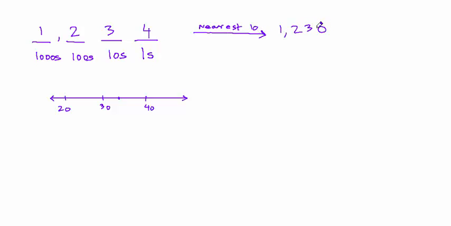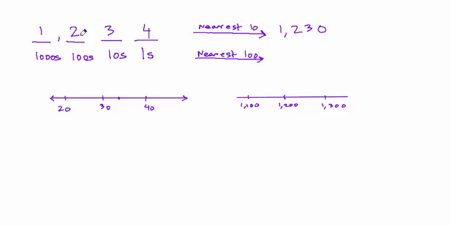Similarly, if you were to round this same number to the nearest 100 this time, which means you only want to think about the hundreds, 1100, 1200, 1300, and so on.